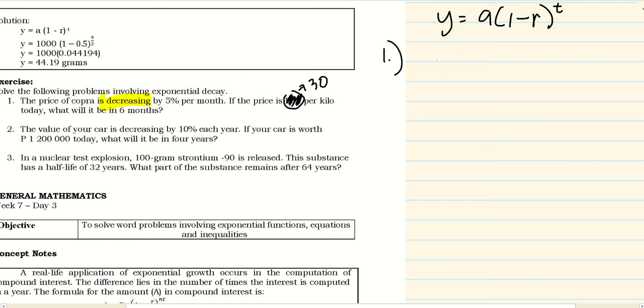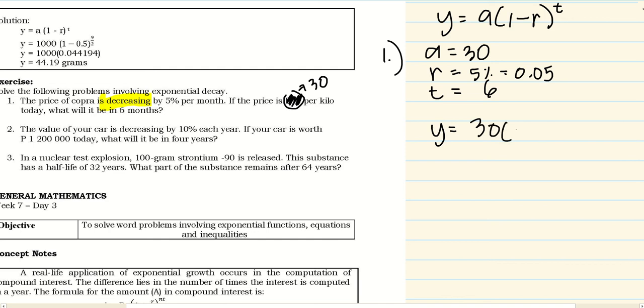Here our A is 30, so that is our initial price. Our rate is decreasing by 5% per month, so this is 0.05. And the time is 6 months. So we'll just substitute it: 30 times (1 minus the rate 0.05) to the power of 6.